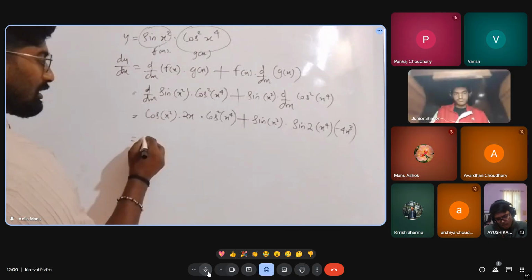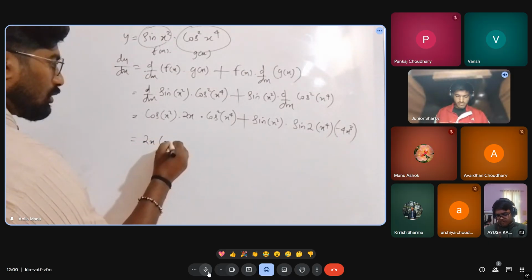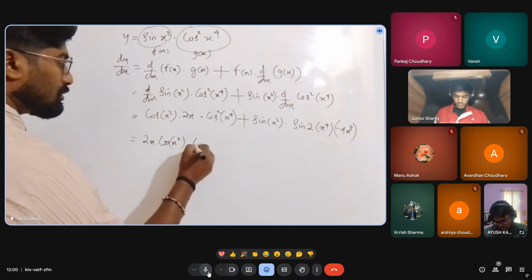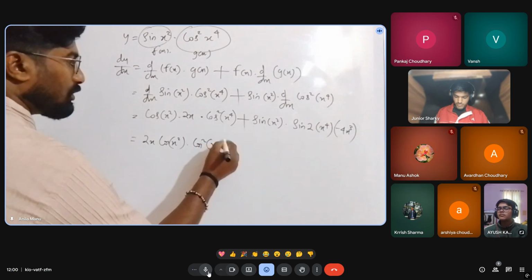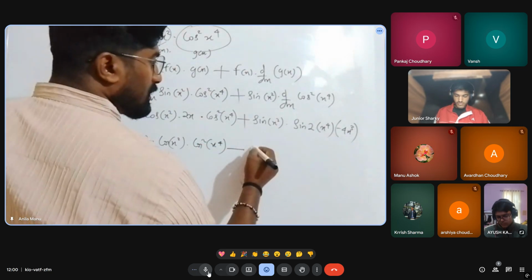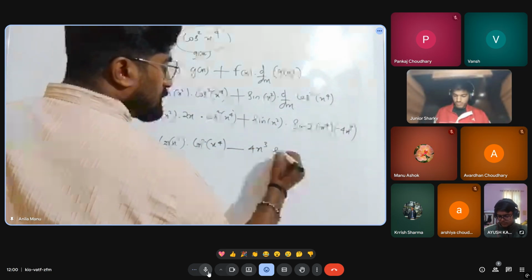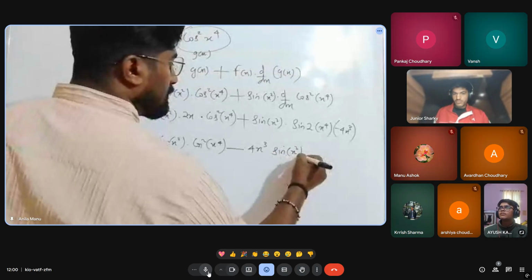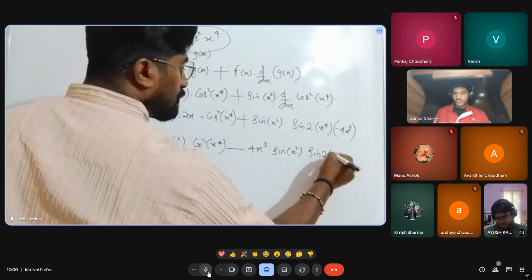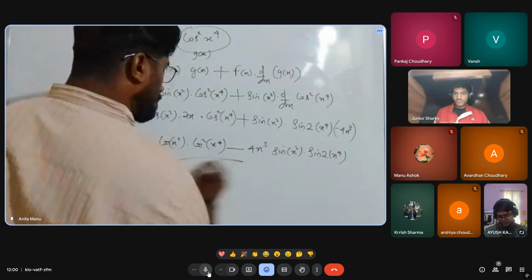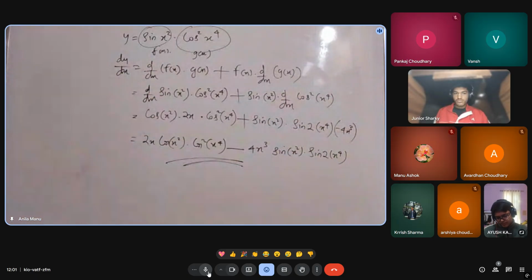Directly you write 2x cos x square into cos square x raised to 4 minus 4x cube sin x square into sin 2x raised to 4. Got it? Yes, sir.